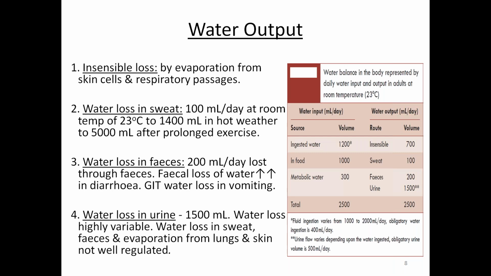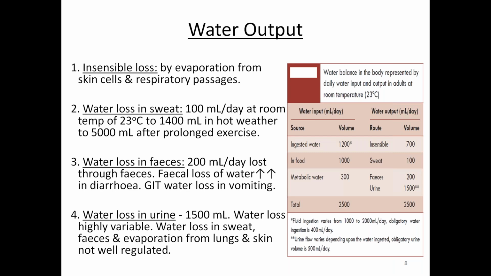It's also important to know that the water loss in sweat, feces, and evaporation from lungs and skin is not as well regulated. Now, the renal loss of water is variable, but unlike the other routes I just mentioned, this is very well regulated to maintain the water balance.